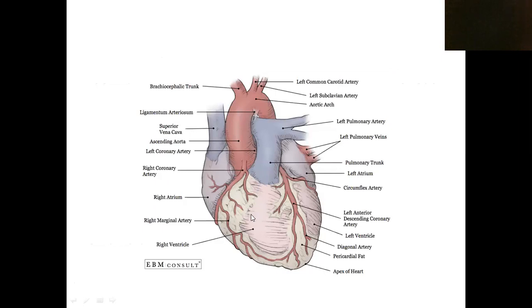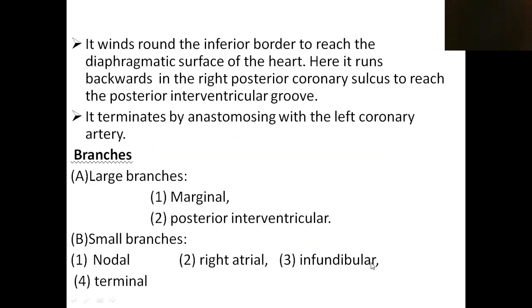See, I told you the right ventricle has one inflowing part and one outflowing part. That outflowing part is funnel shaped, and that funnel shaped outflowing part is known as the infundibulum. See, these are branches to the infundibulum, so infundibular branches. Those two are clear.